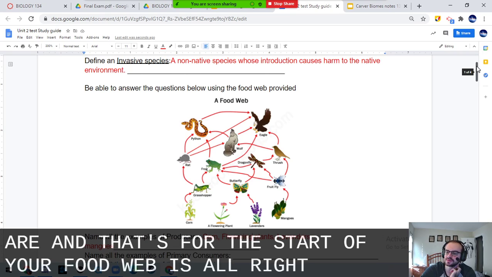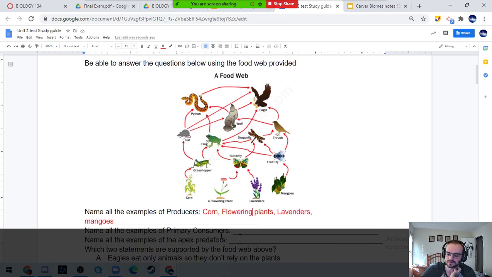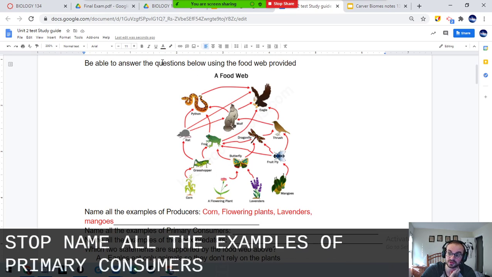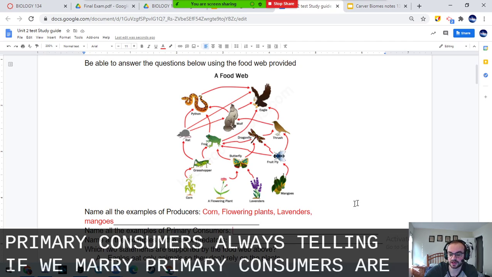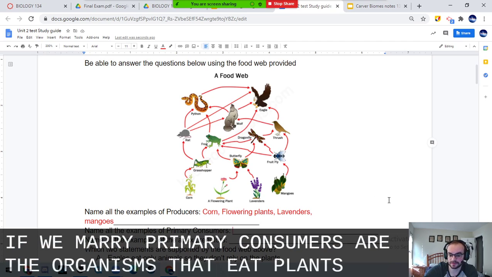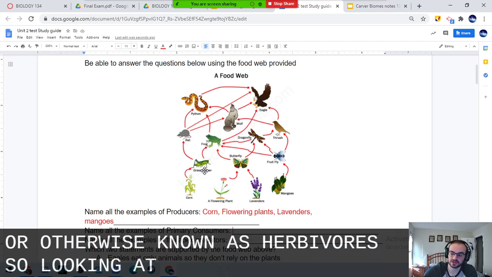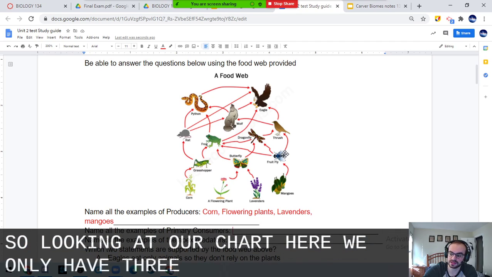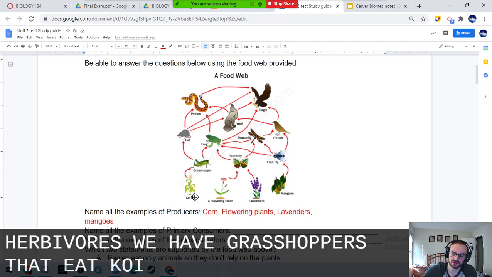All right, next one. Name all the examples of primary consumers. Ladies and gentlemen, if we remember, primary consumers are the organisms that eat plants, otherwise known as herbivores. Looking at our chart here, we only have 3 examples of herbivores. We have grasshoppers that eat corn.